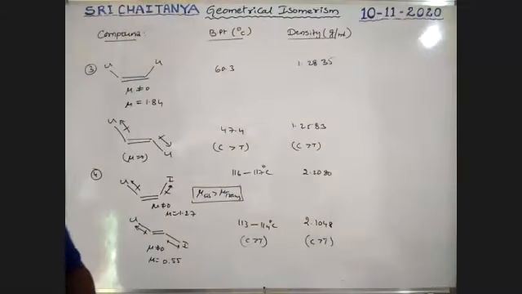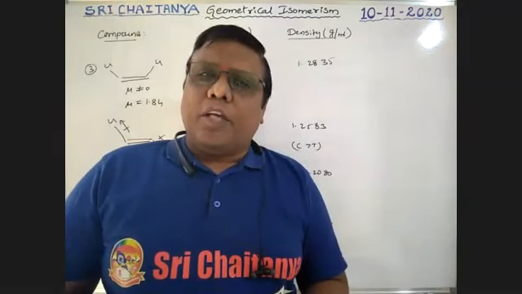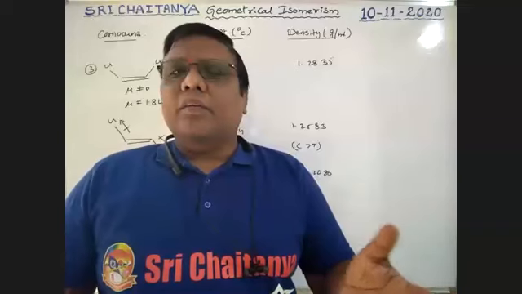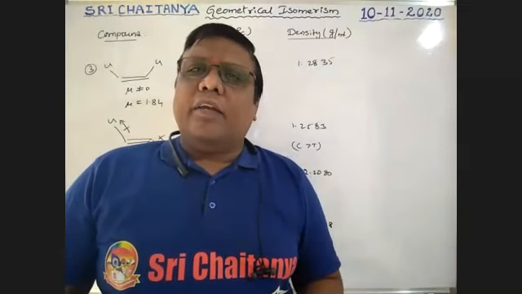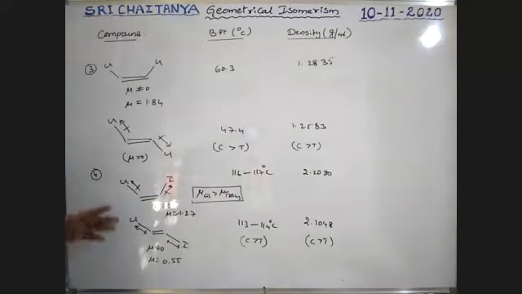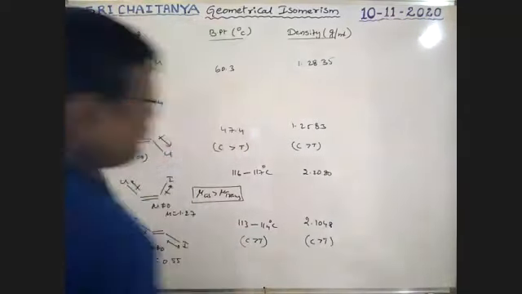The mu value was already calculated in chemical bonding, boys. Mu is equal to delta into L, so please check your chemical bonding notes, where we calculated dipole moment with particular examples. So here, trans has less dipole moment and cis has more dipole moment. That is the fourth compound. Next, the fifth compound.